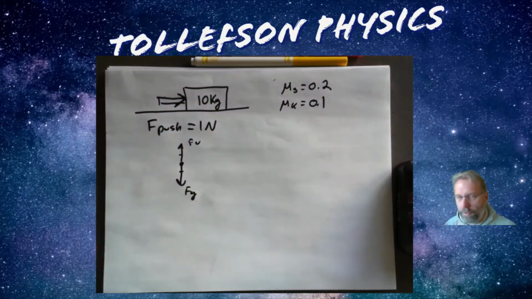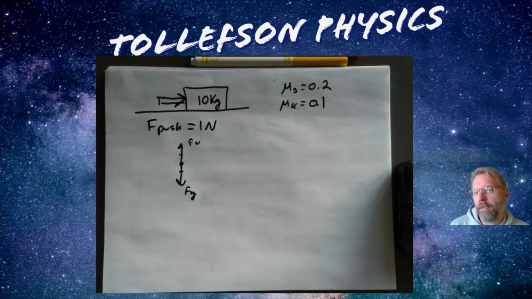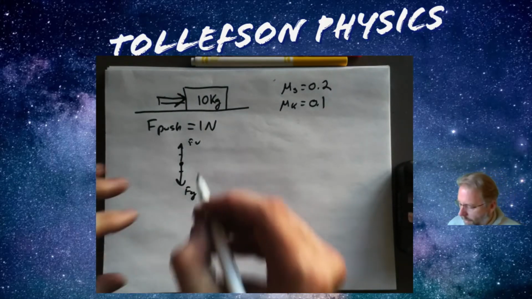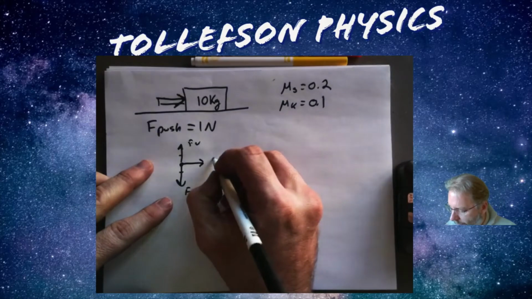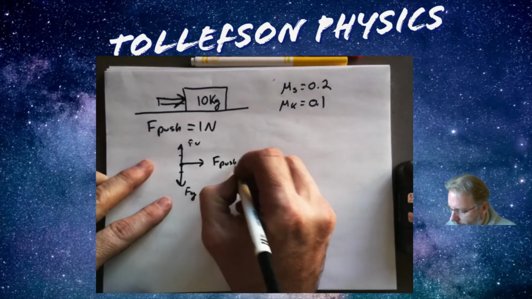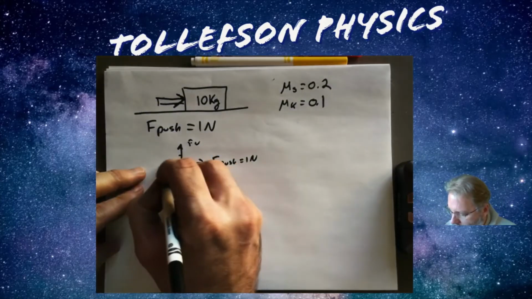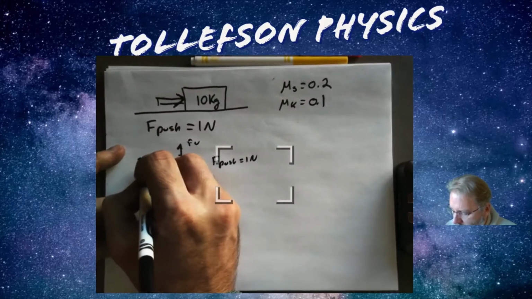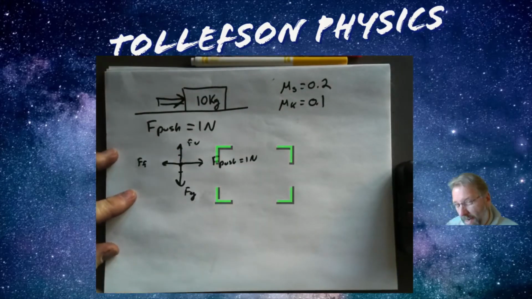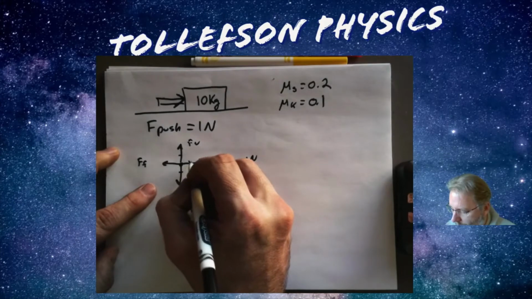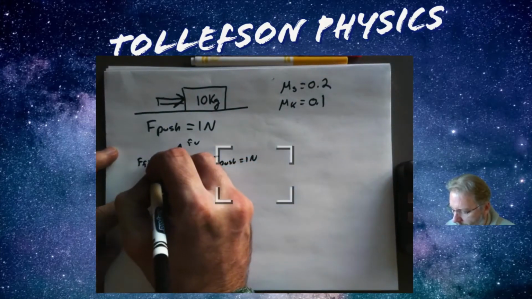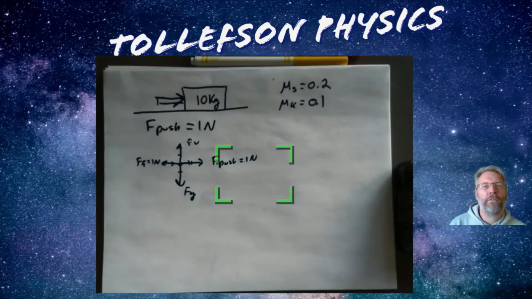We know that those are going to be equal because it's not accelerating in that direction. Then I have my push force, which I said is 1 Newton, and a frictional force that's holding it back. I made the claim that it's not going to move, and so these two arrows have to be the same size, and so that force of friction is 1 Newton as well.